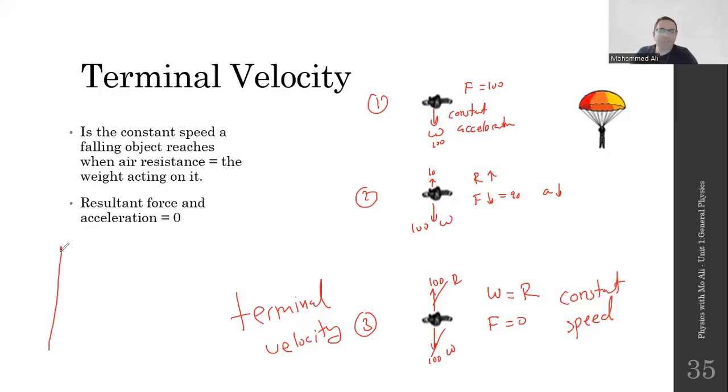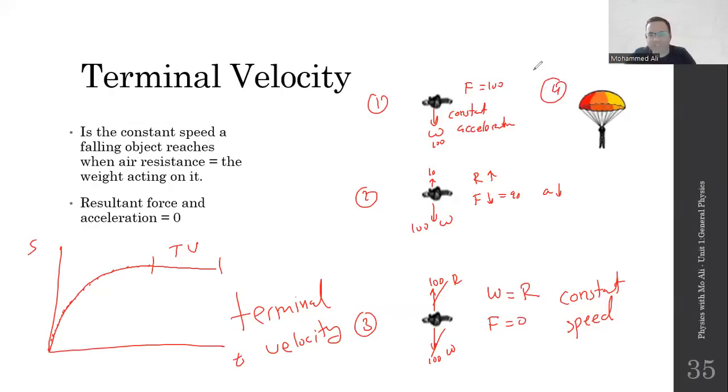If I draw a speed time graph of this motion, it will look like this. Accelerating, accelerating, but the acceleration decreases, decreases, decreases, and then this is your terminal velocity. If you open that parachute, I don't want to call this stage 4 because you don't always open a parachute.